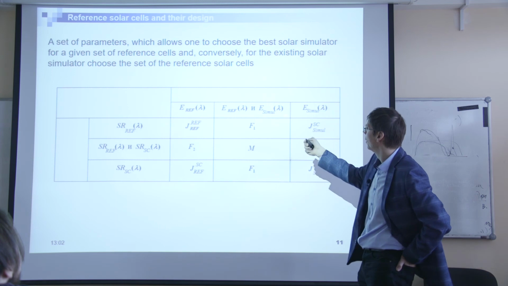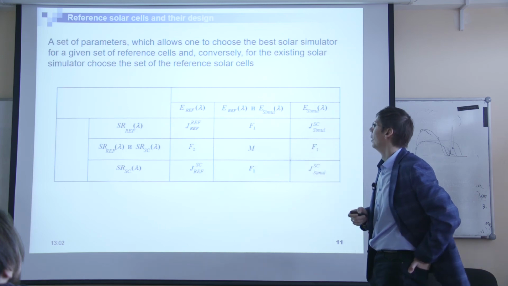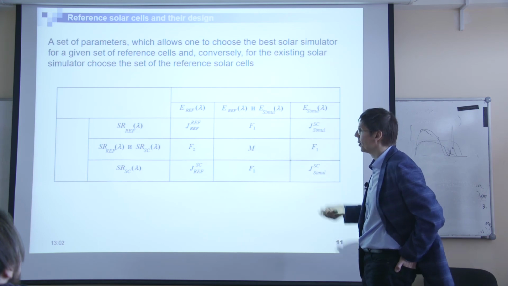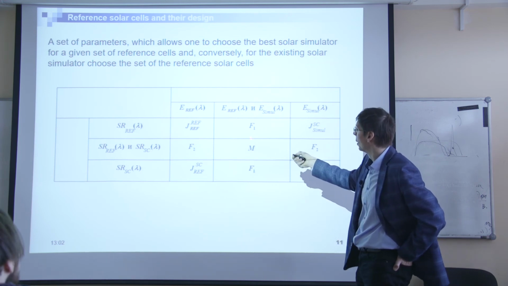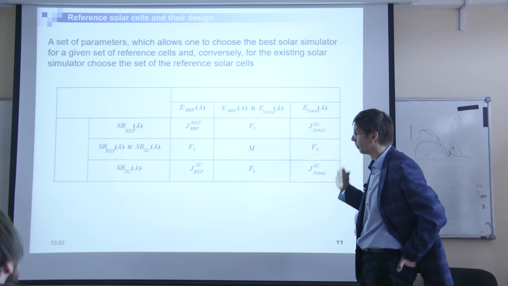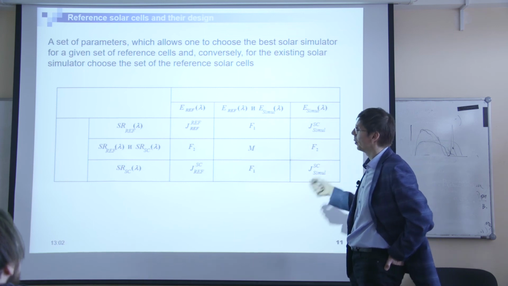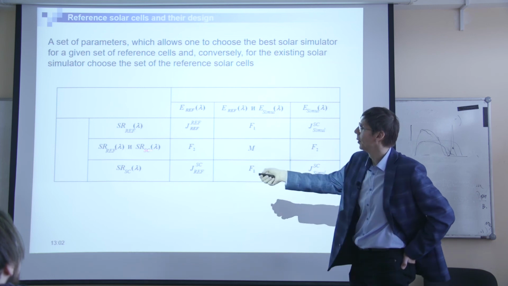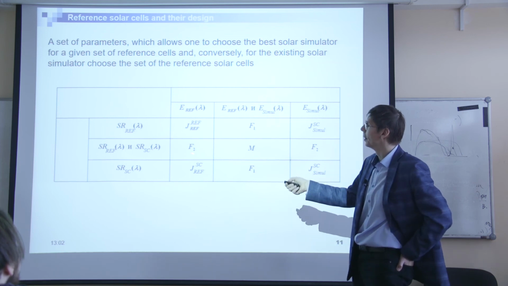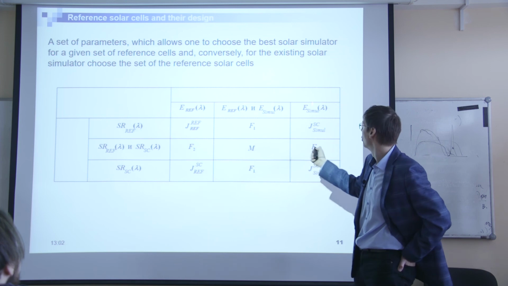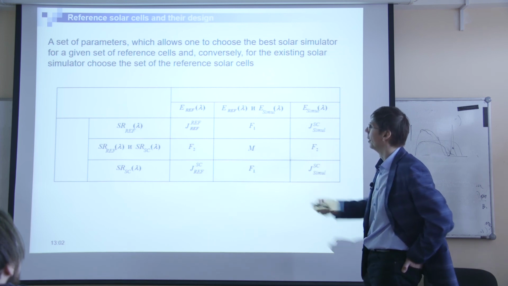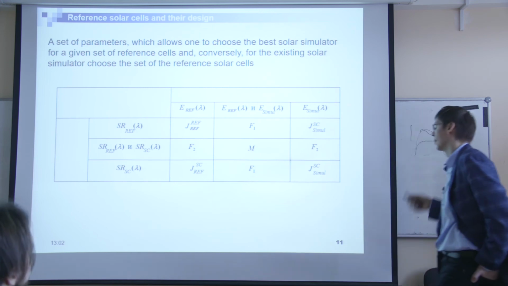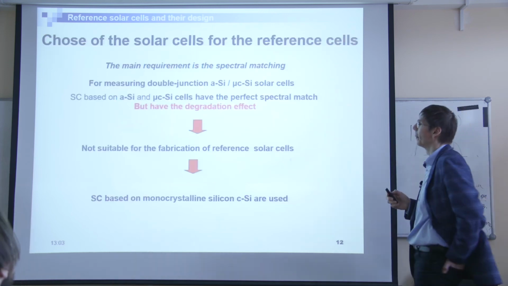And if we have two different spectra, of the simulator and the reference, we can calculate F1 for the reference solar cell and for the test solar cell. Again, if you have two spectra, we can calculate F2 for each spectrum, and if you have everything, we can calculate this, just to summarize.